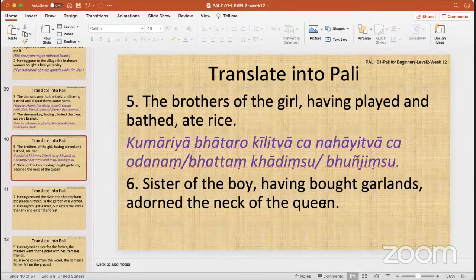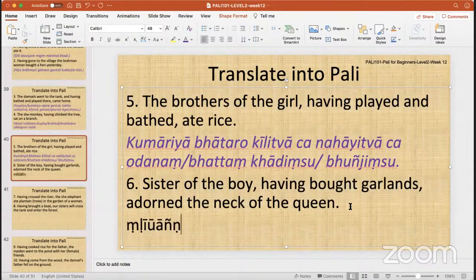And then this one, what is the verb here? Sister of the boy having both garlands adorn the neck of the queen. Adorn, right? And then the corresponding Alankarimsu.